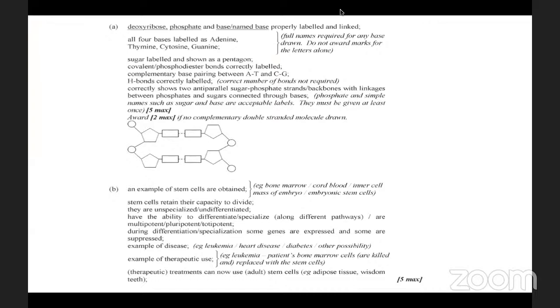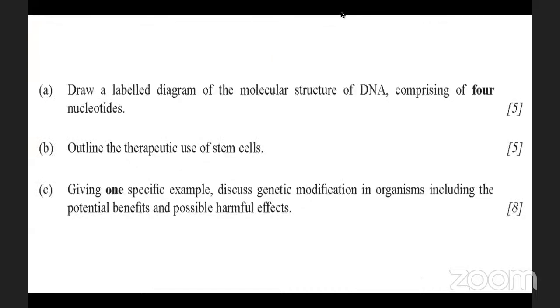Okay, last question C. Giving one specific example, discuss genetic modification in organisms, including the potential benefits and possible harmful effects. So dia suruh discuss genetic modification pasal GMO. Lepas tu dia kata kena include potential benefits and possible harmful effects. Lepas tu kena kasih one specific example.